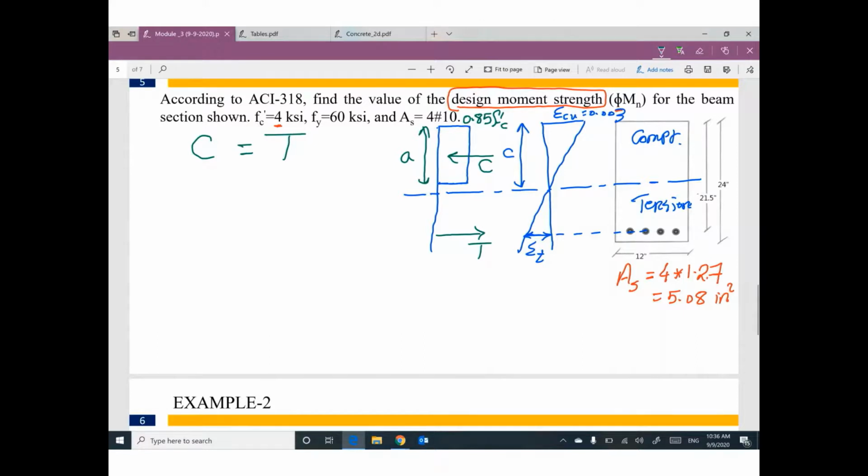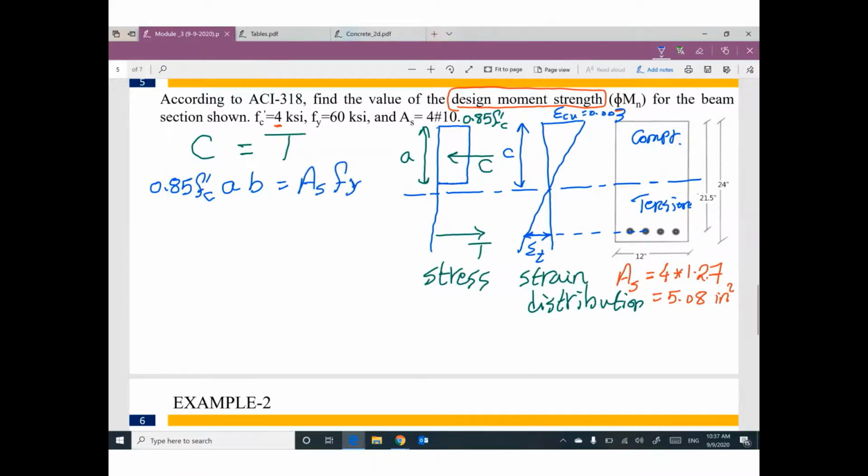I like to do my work like this. I need to draw the strain distribution, which makes it easier to use triangle similarity, and I would like to draw the stress distribution. Please train yourself to draw all of this. Capital C is 0.85 f'c times a times b, equal to capital T, area of steel times fy.